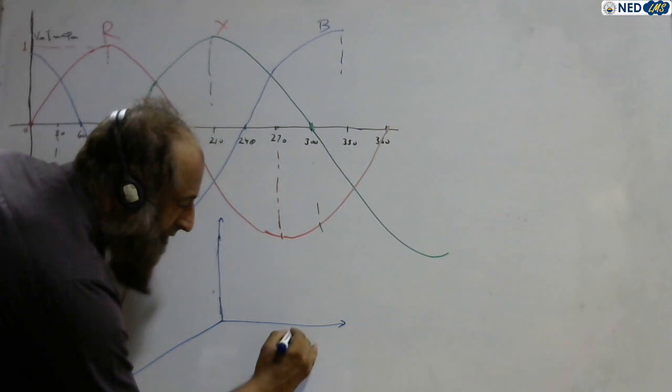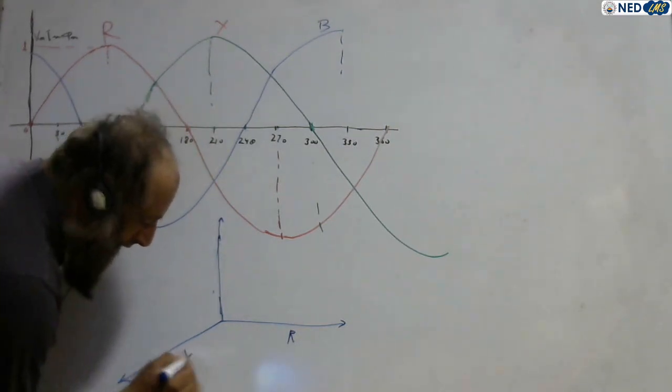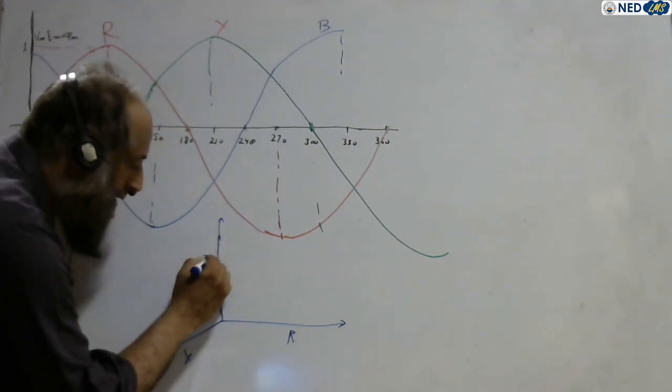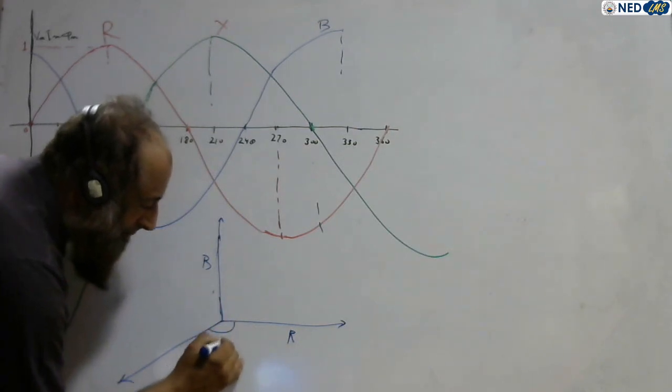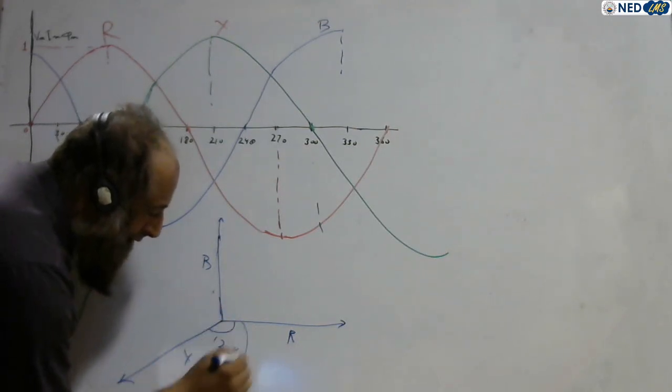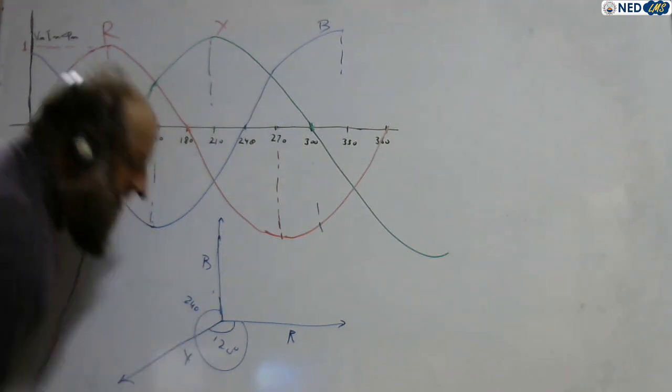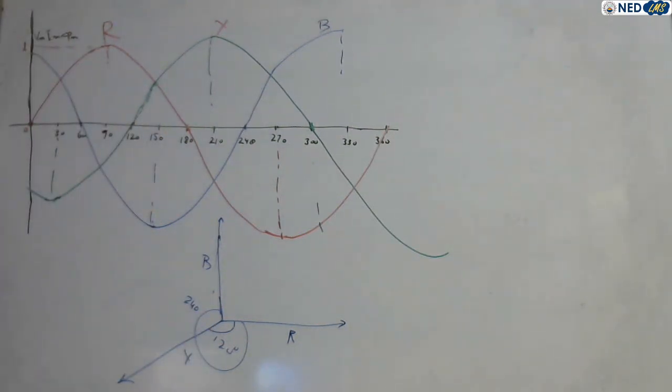So this one is the reference phase, the red phase, this one is the yellow phase, and this one is the blue phase. It is 120 apart and it is 240 apart, right? So these are the phasors.